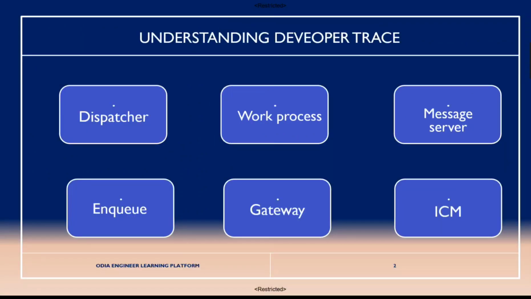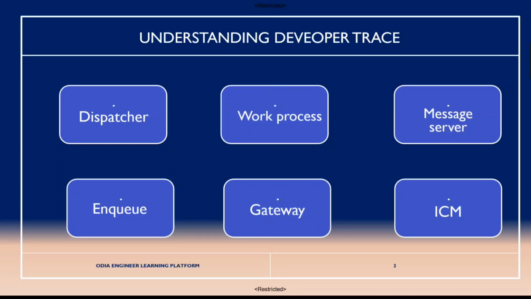Ideally you have different types of traces, which are your dispatcher trace, work process trace, message server trace, and also your NQ server trace, gateway, and the ICM trace. The dispatcher trace format is dev_disp, where the dispatcher writes all the related information. Next is the work process, where we use dev_w*, depending on the number of work processes.